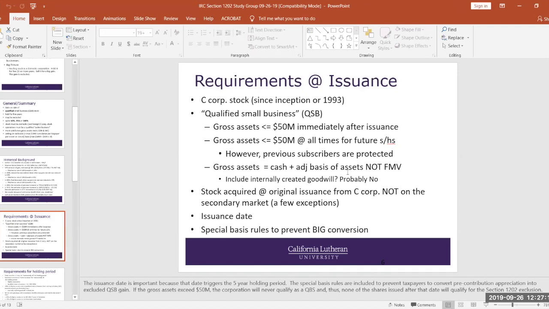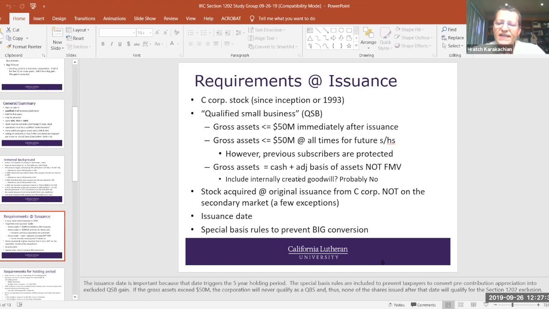What if I contribute an entire corporation as an asset? That works, but there are additional requirements during the holding period. Those rules have to qualify.